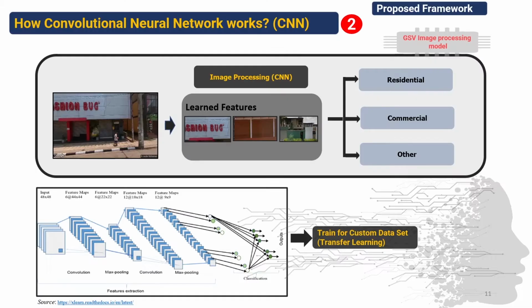Right. So as I already told you, I have developed a neural network to identify residential and commercial buildings from a streetscape image. So let's discuss a little bit about neural networks. A neural network is something like this.